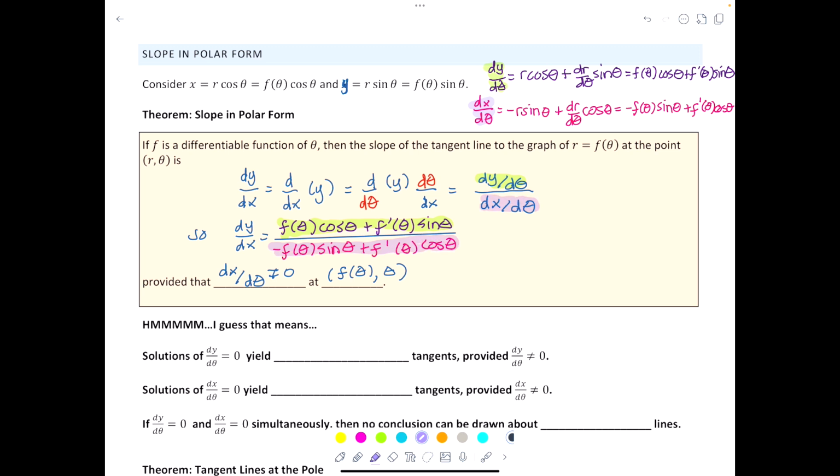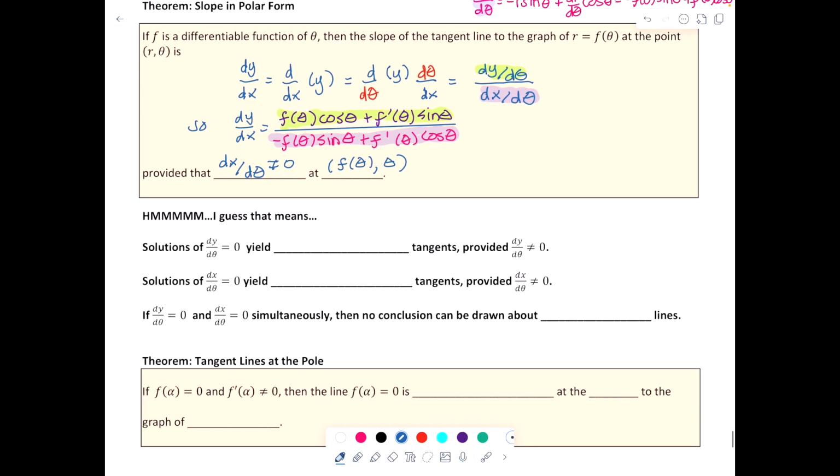Groovy? Okay, so, I guess that means solutions of dy d theta equal to 0 yield horizontal tangents, and again, another typo, my bad, provided that dx d theta, this is a dx d theta, is not equal to 0. You don't want 0, and it's not horizontals. You don't want 0 over 0, right?